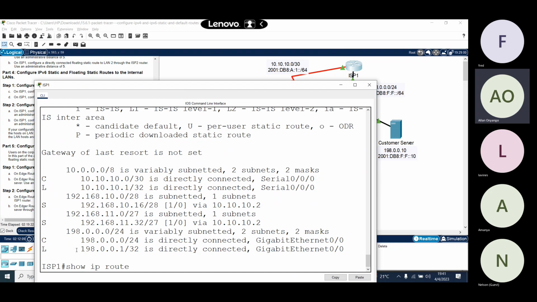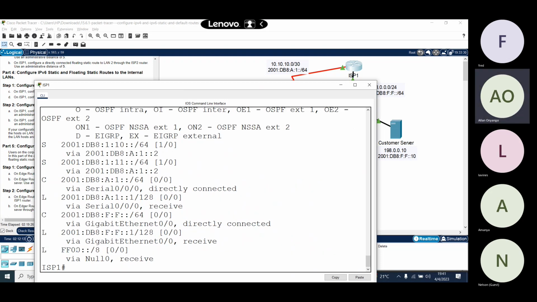Oh, I did the wrong thing. Must have been IPv6, correct? So 2001:DB8:A. You see these ones are 111, this is 110.